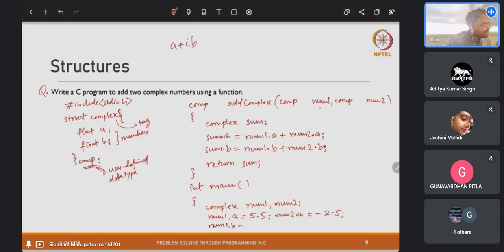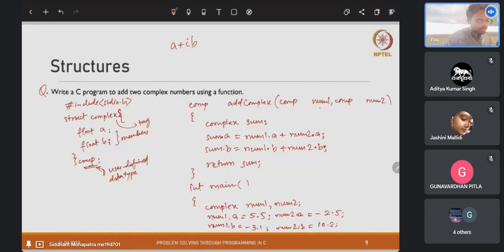Num1 dot b is equal to minus 3.1, num2 dot b is equal to whatever, 10.2.